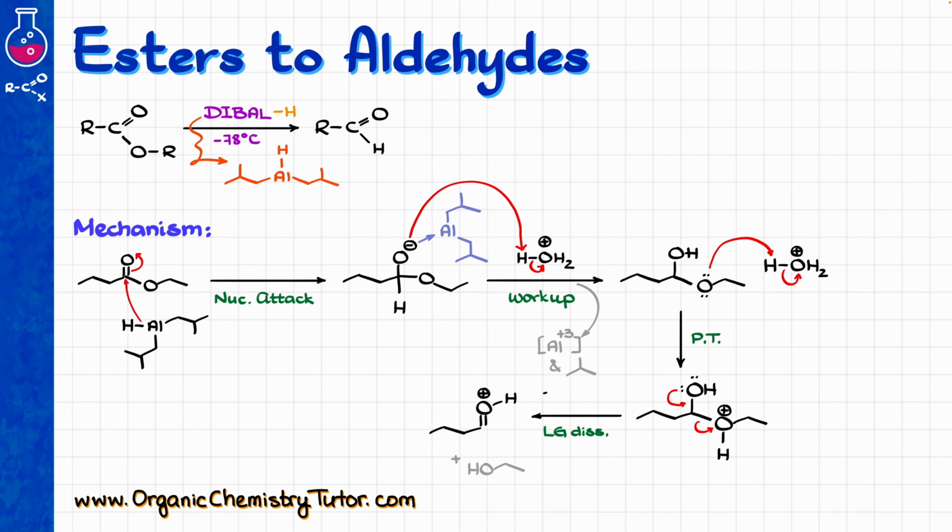And then whatever conjugate base I have floating around, it can be another equivalent of my alcohol, or it can be water, or whatever else, doesn't really matter. This base, whatever with the electron pair, is going to come in, pull the proton off like so, and we are going to end up with our final product, which is the aldehyde.